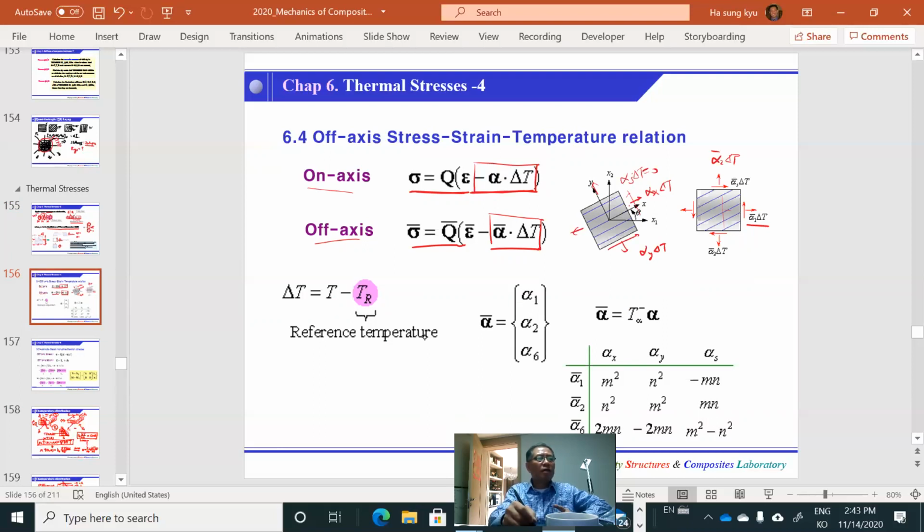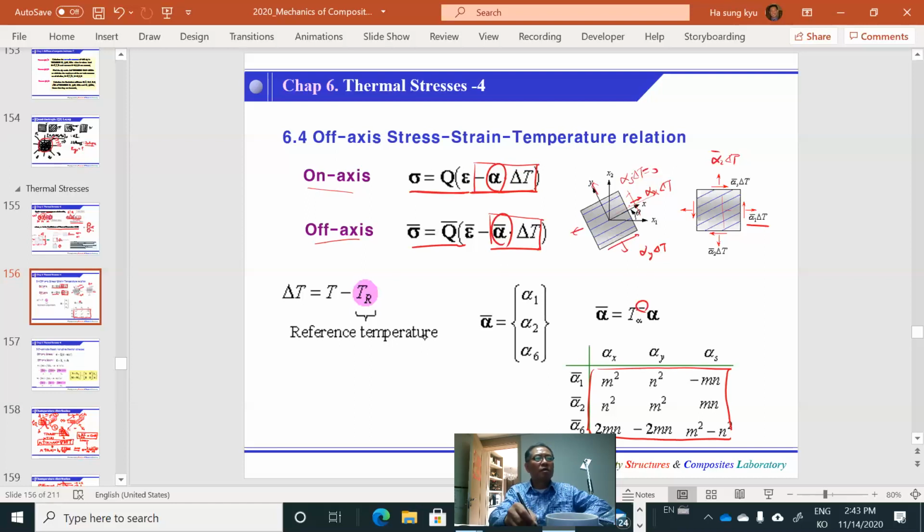It's simply a strain transformation. So this alpha bar is a strain transformation, so we will have the same transformation. You remember we have the strain transformations. So this is alpha x, and this is alpha bar, meaning this whole relation will be in the minus direction.